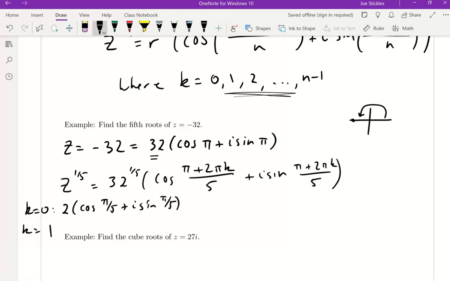If k equals 1, we'll get cosine of 3 pi over 5 plus i sine of 3 pi over 5. K equals 2, we'll get 5 pi over 5, which is just pi.